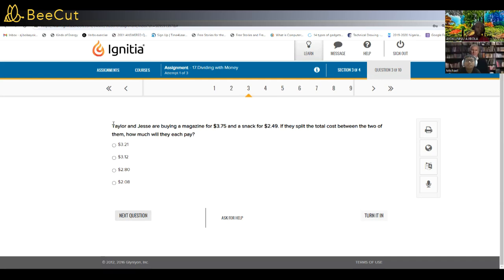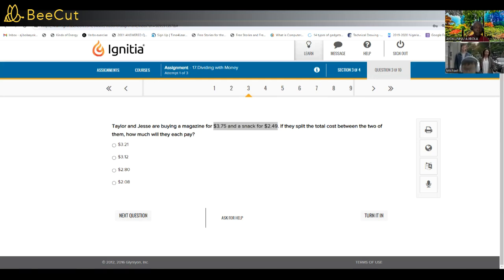How many people are buying the magazine? Two. Then how much in total do they want to pay? $3.75 and what?